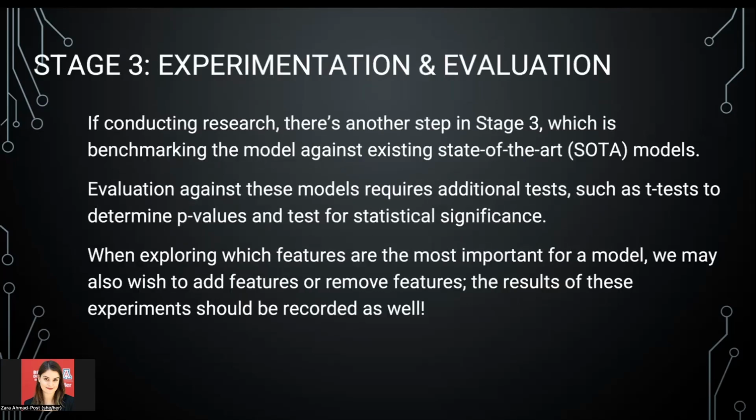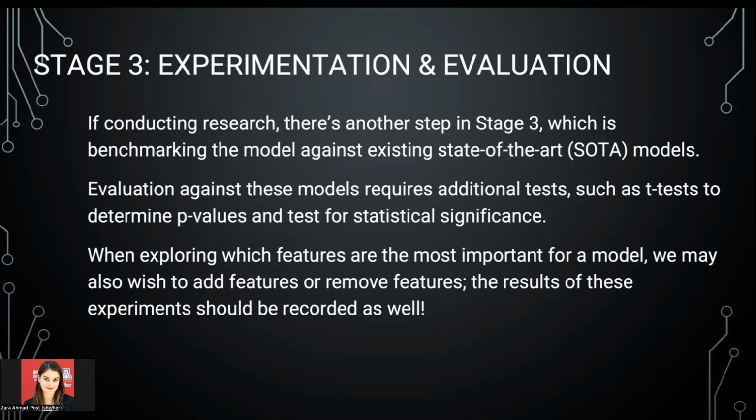So experimentation and evaluation. If you're conducting research, which is different than just implementing a machine learning model in production, there's another step in our stage 3, which is benchmarking the model against state-of-the-art models. So evaluation against those models is going to require some additional tests.